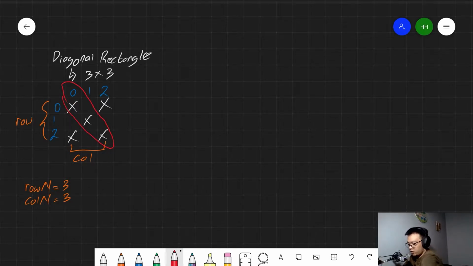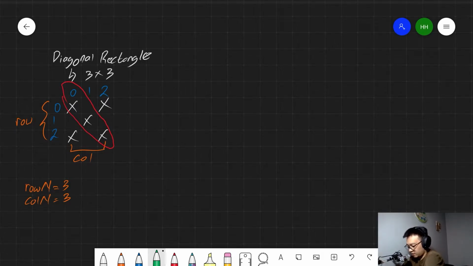What pattern can you see in the very first diagonal? Do you see the pattern? This pattern is quite straightforward, right?